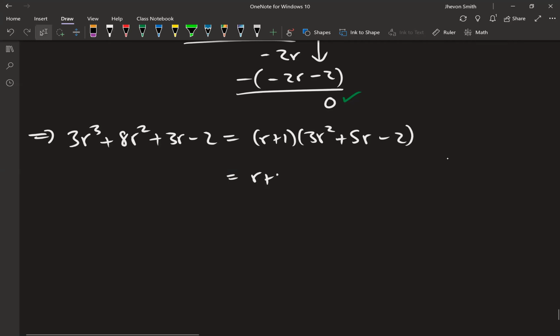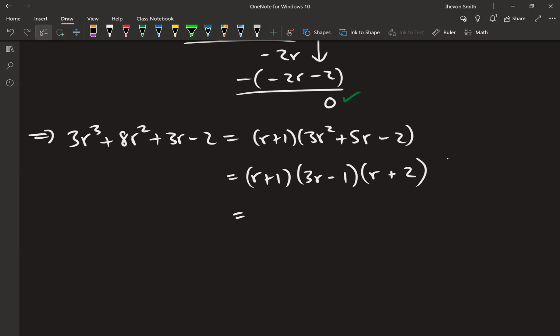I'm not sure if that factors. So I don't remember. Maybe a 2 and a 1 here, maybe plus and a minus there. It's 3r squared, 6 minus 1.